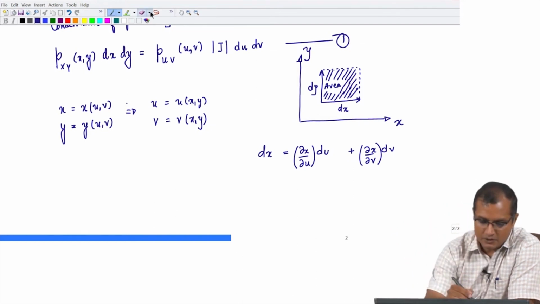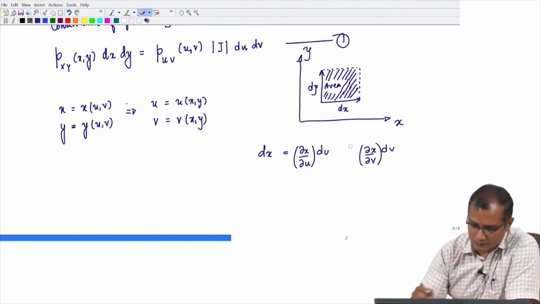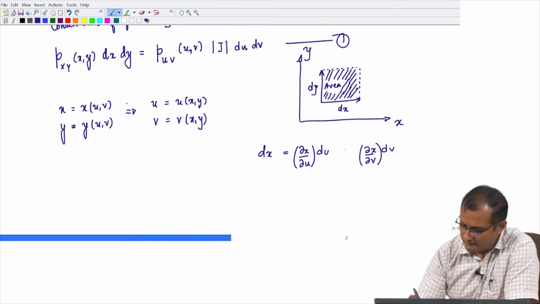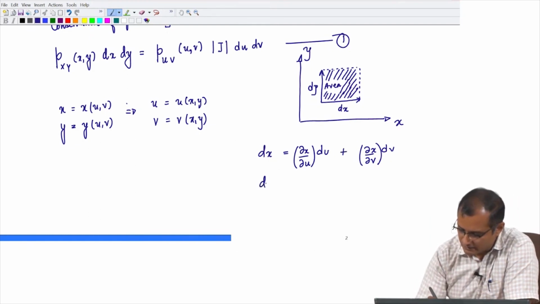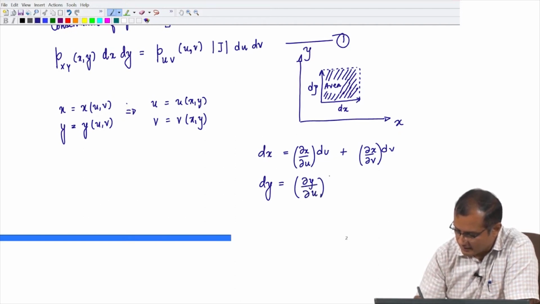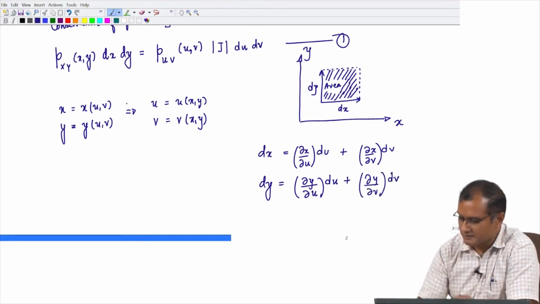Okay. So, I will rewrite this for displacement along y, then it is easy to see that this is just dy by du times du plus dy by dv times dv.